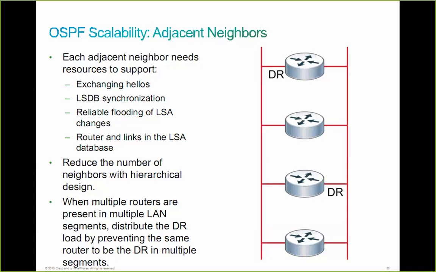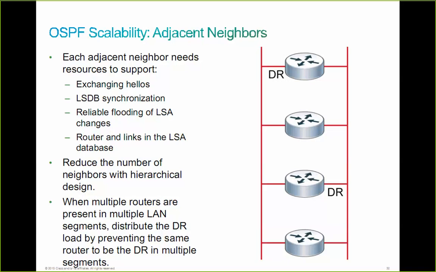And then we have Type 4s, Type 5s, Type 7s. We don't want to go through every single one, but Type 5s and Type 7s are generated by ASBRs. They can be summaries or they can be non-summaries. They're going to show up in the routing table as OE1 or OE2 or ON1 and ON2 routes. Type 5s are the E1s and the E2s, and Type 7s are the N1s and the N2s.